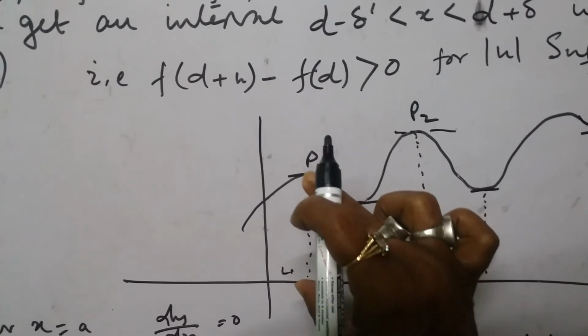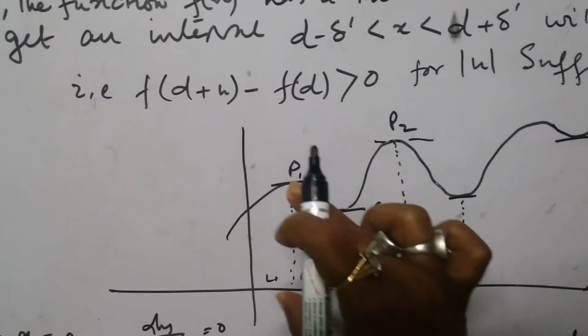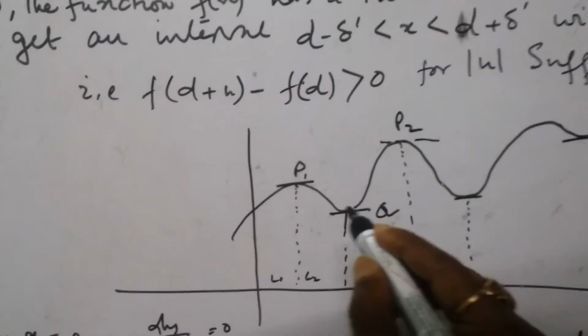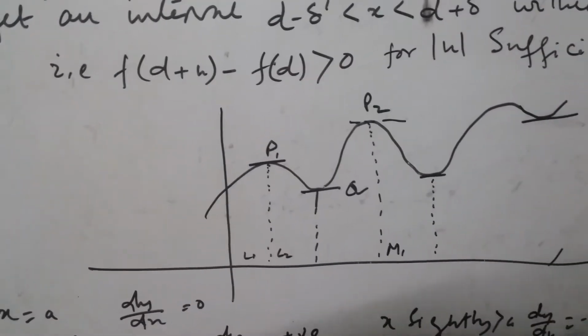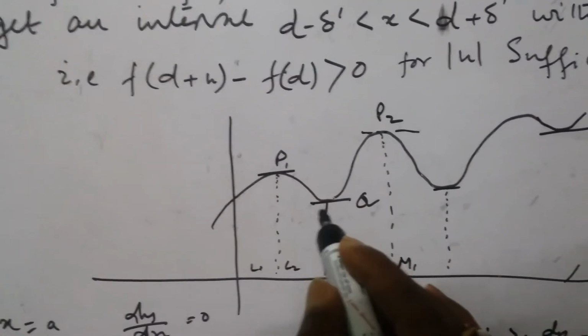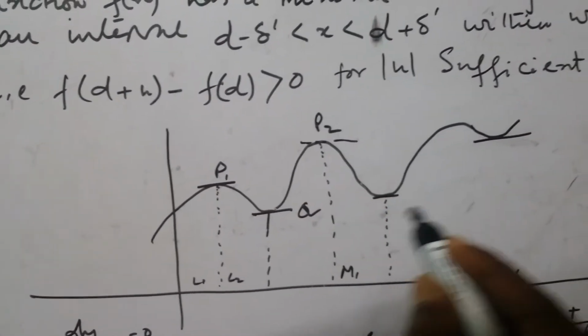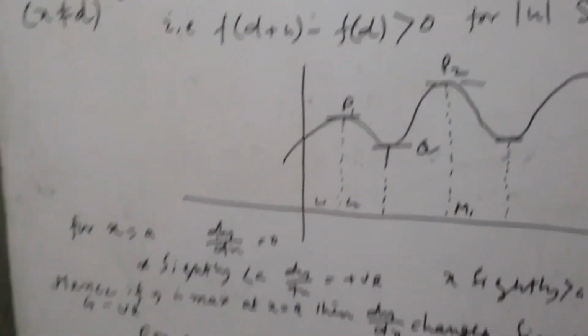But here f(x) is less than f(c). And at the maximum and minimum points the tangent is parallel to the x-axis, so dy by dx is 0.